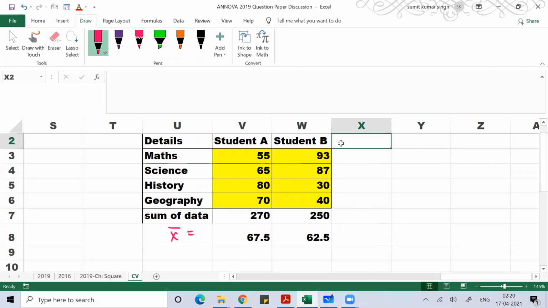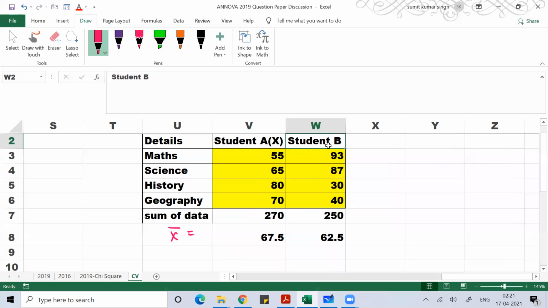Once you get the average, imagine this is x and imagine this is y.